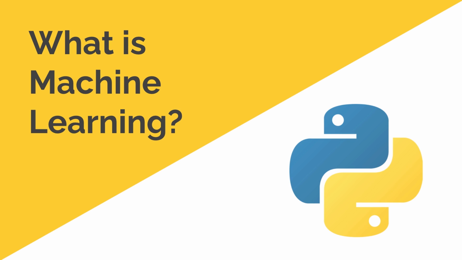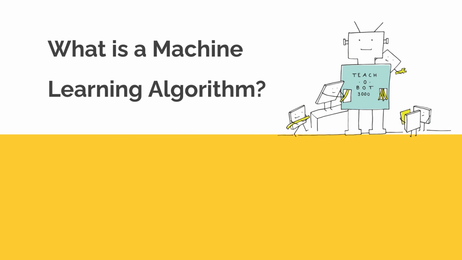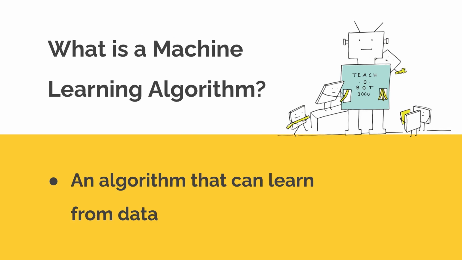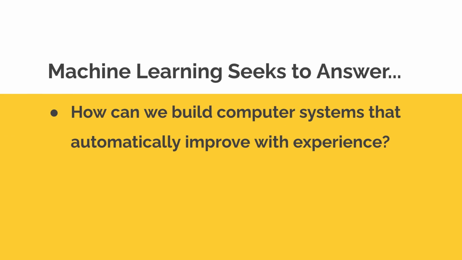The first question we have to answer is, what is machine learning? All right, so let's talk about what is a machine learning algorithm. Well, this is an algorithm that can learn from data. So it is a piece of code that can learn from the data it's exposed to. Machine learning seeks to answer several questions, two key questions.